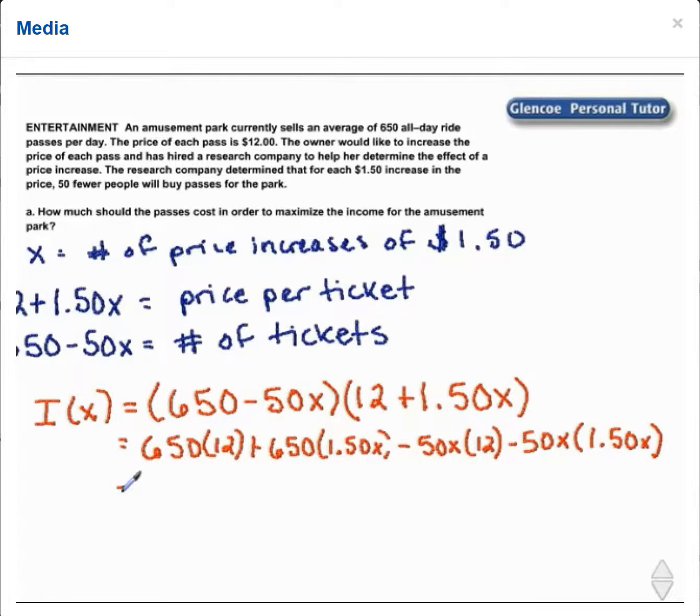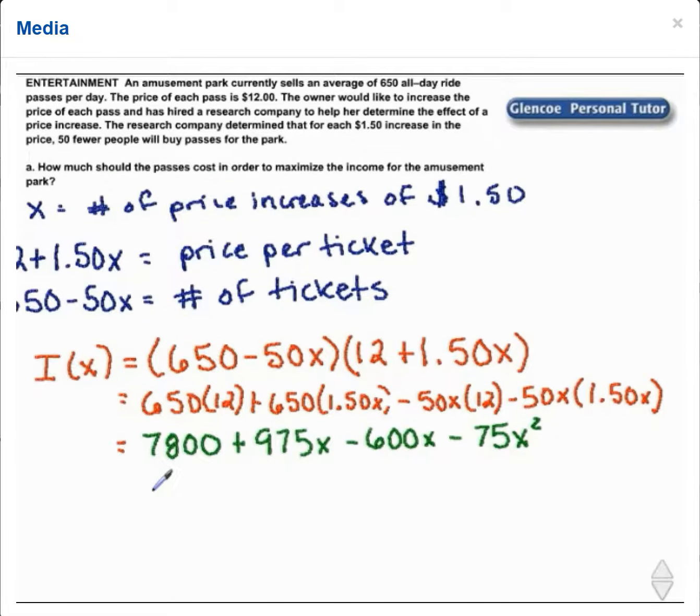Okay, so let's simplify this. So now we will have 7,800 plus 975x minus 600x minus 75x squared.